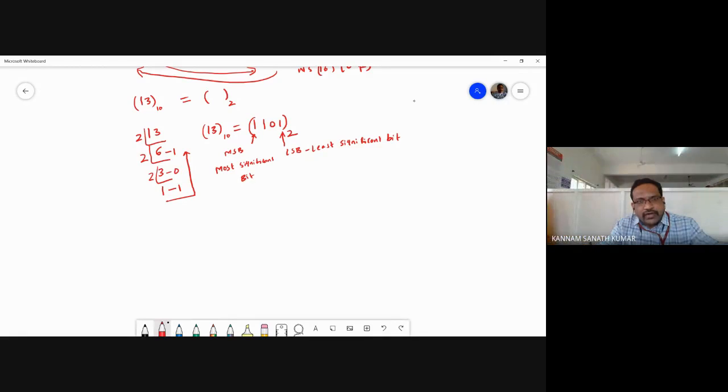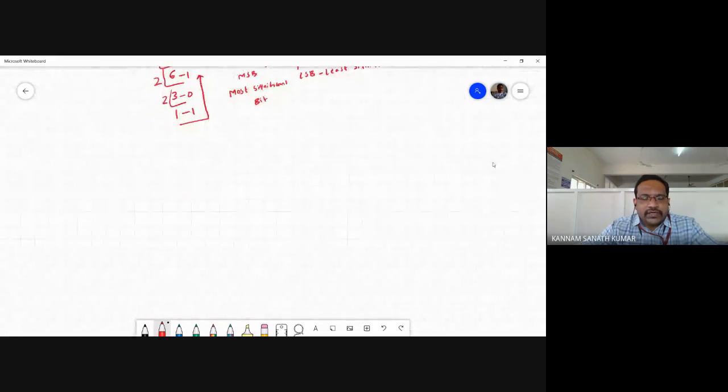Suppose you want to convert a given fraction value to the binary representation. Consider the fraction value 0.625 to the base 10. I want to convert this fractional value to binary. So here what I should do is multiply the fractional value with the radix.